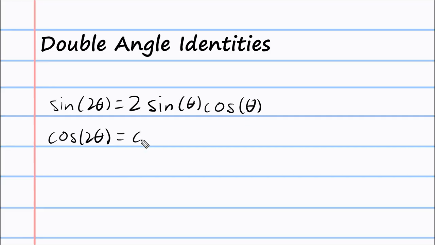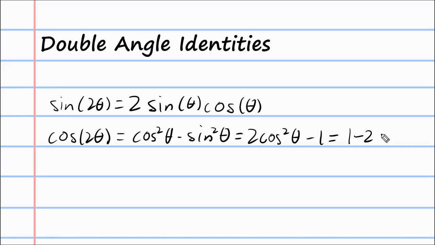And cosine 2 theta is equal to cosine squared theta minus sine squared theta. And you can rewrite that as 2 cosine squared theta minus 1 if you use the Pythagorean identity. And also you can write that as 1 minus 2 sine squared theta if you use the Pythagorean identity a different way.